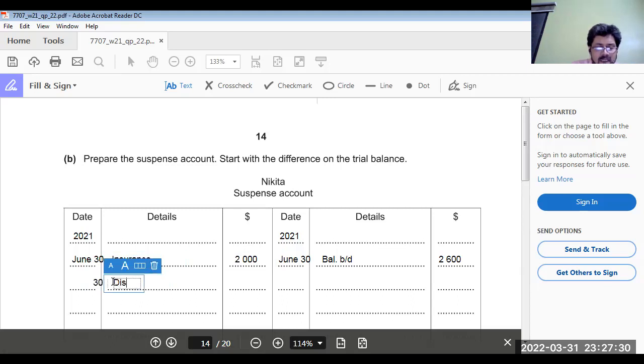So we will write discount allowed, and the amount would be 500, and again on 30th June, we have to write discount receipt.